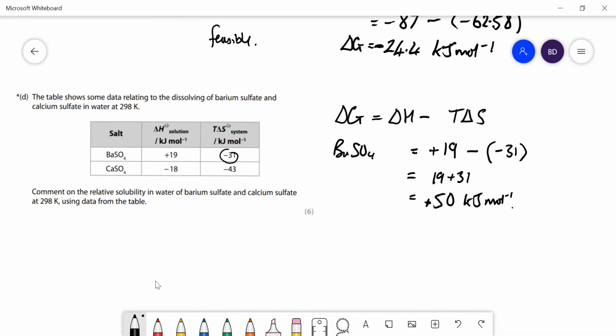Let's do it for calcium. Same calculation again. So we've got minus 18 this time, minus 43. So it's still positive. It's going to be plus 25.